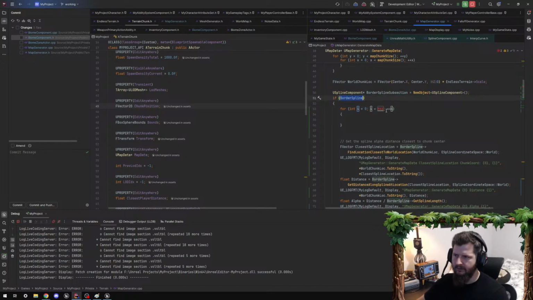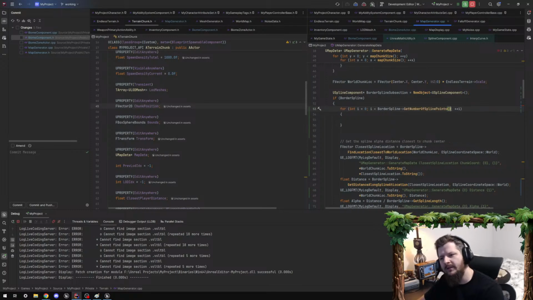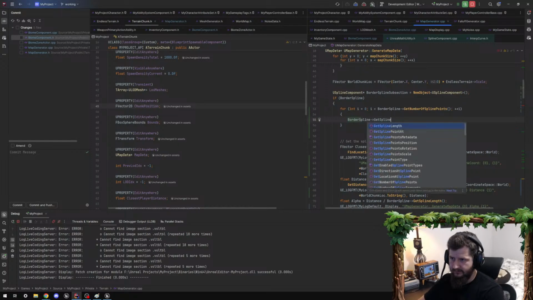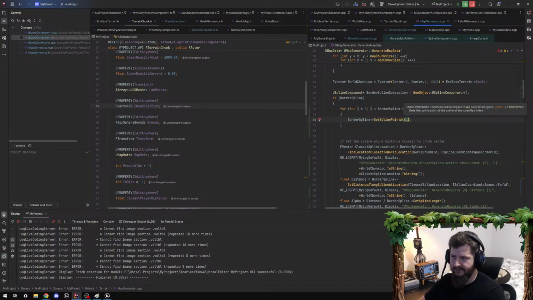So let me do: for I in border spline, get number of spline segments. Why would someone need that? It's weird they have that function but not others. Okay, so border spline get spline point at I in world space, please.